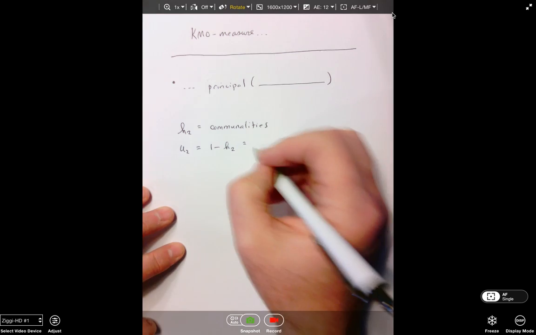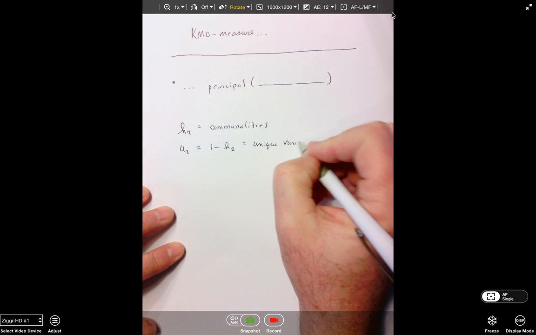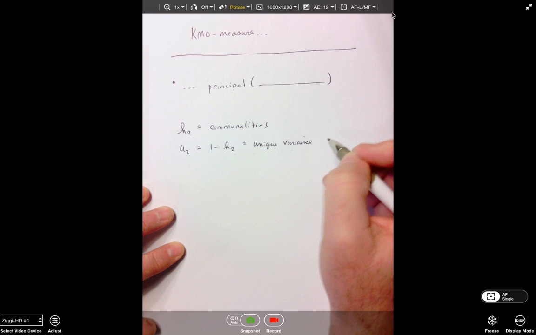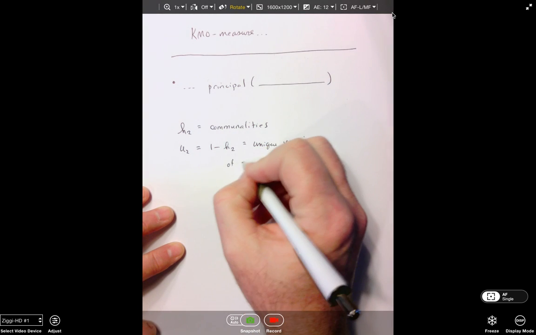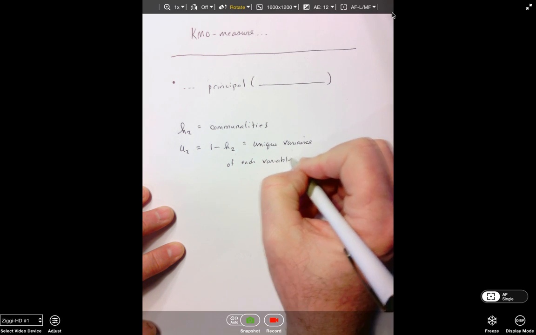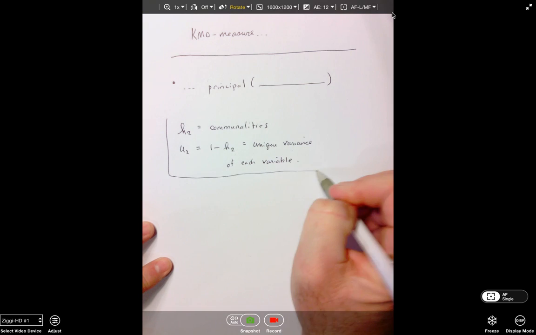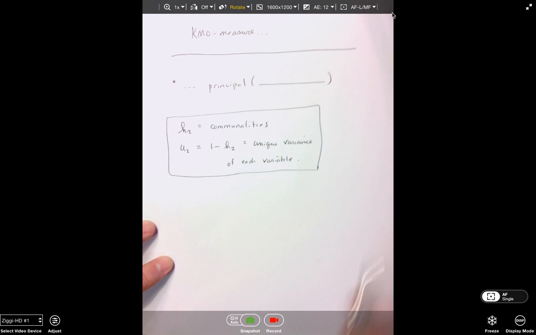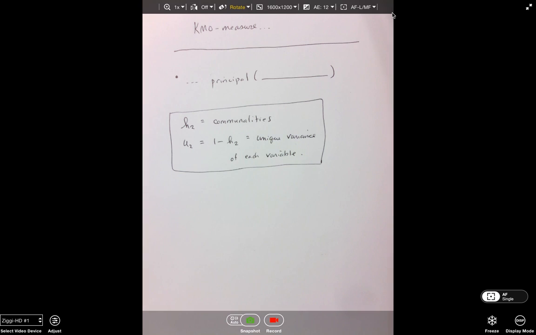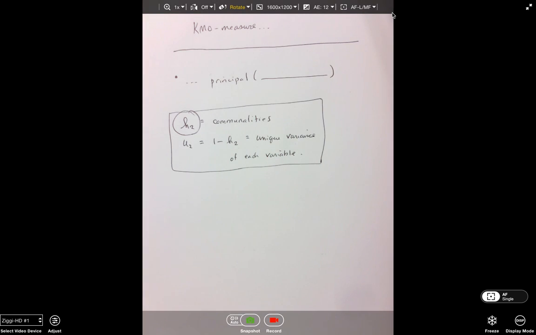And this is called the unique variance of each variable. So, flashing neon lights around this baby right here, okay? The unique variance. Now, guys, the one that we typically look at the most is the H2.